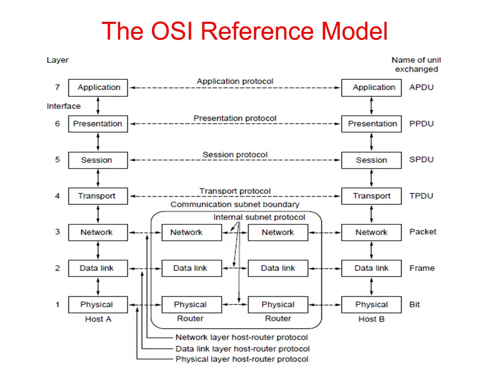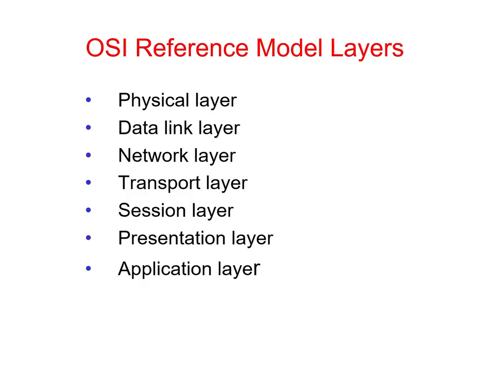Similarly for the session layer, transport layer, network layer, data link layer and physical layer, each adjacent pair has interfaces. They help to provide the communication from one layer to another layer. We will see one by one the individual functionalities of each layer. These are the 7 layers. We will see them one by one from the physical layer to the application layer.